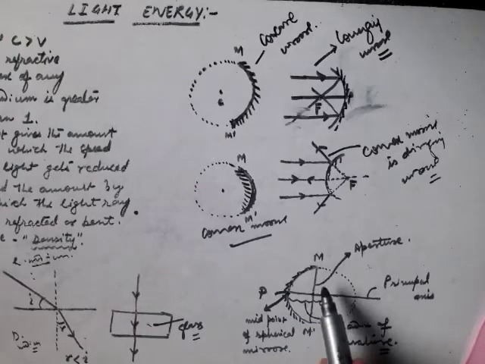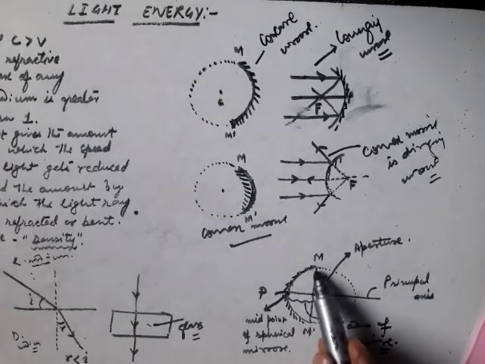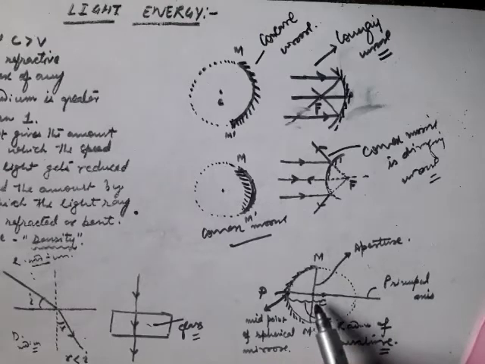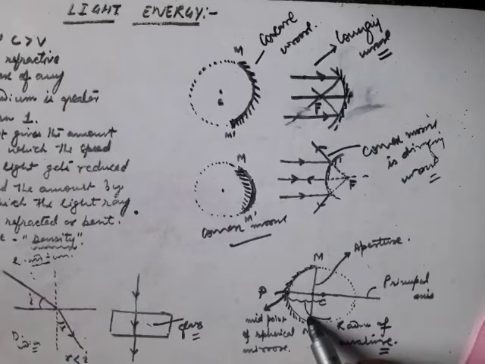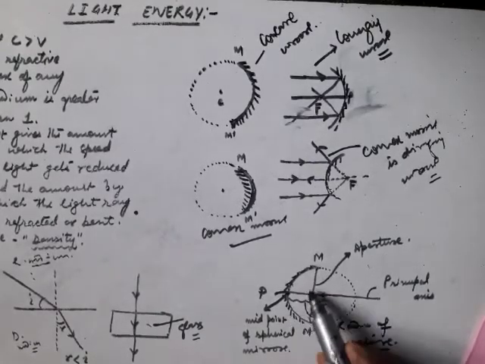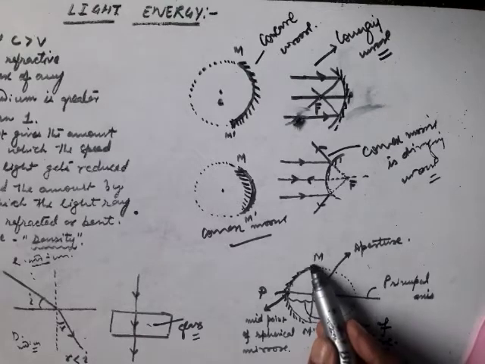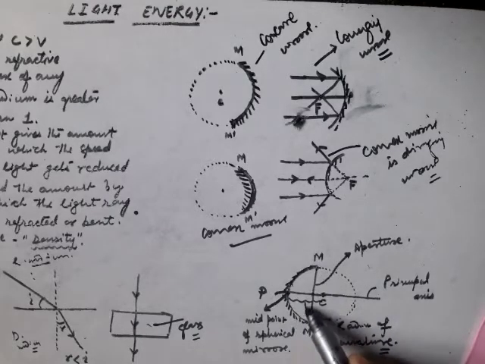What is aperture? Just see it. This perpendicular line, this diameter, is called the aperture. The aperture of a mirror is the effective diameter of the light reflecting surface area of the mirror, meaning the total diameter up to which the reflecting surface occurs.